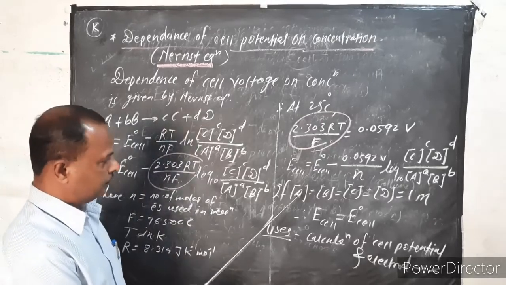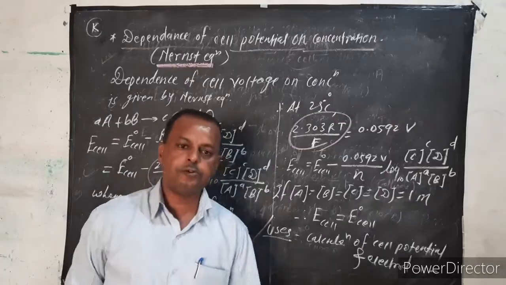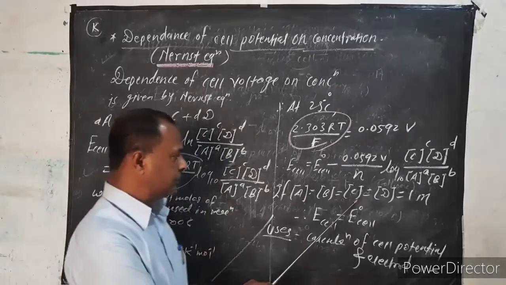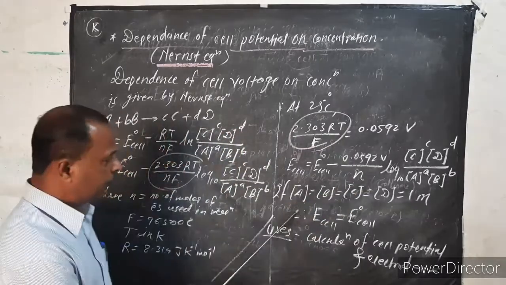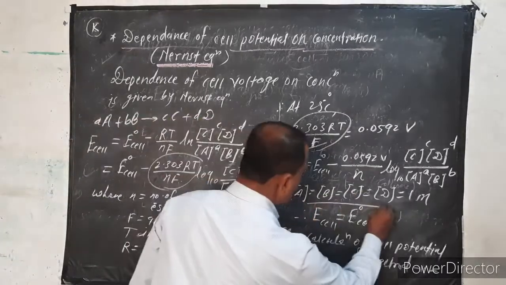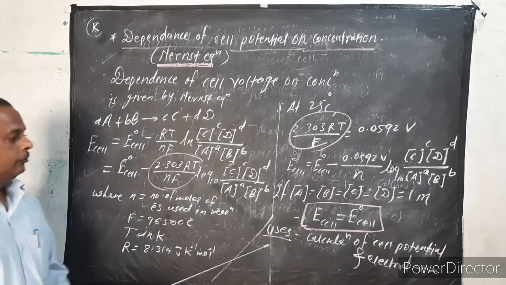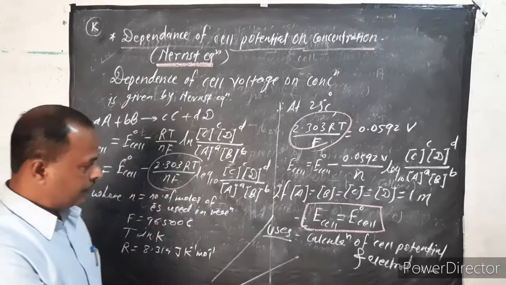If the concentrations of reactants and products are all 1 molar, that is A, B, C and D are each 1 molar, then E cell is equal to E naught cell.